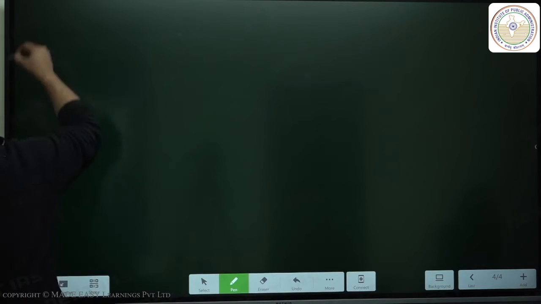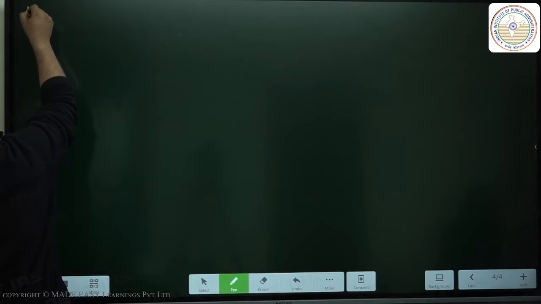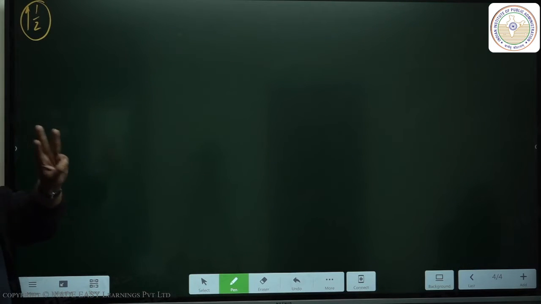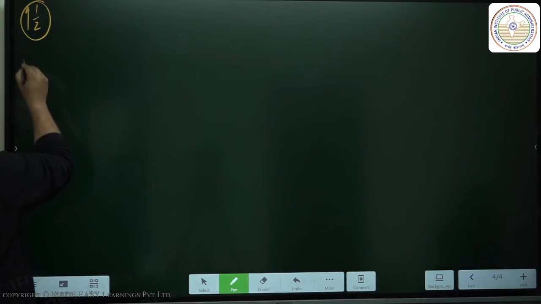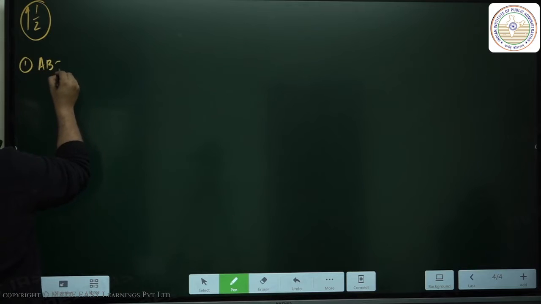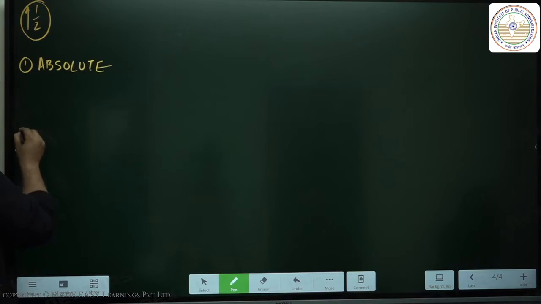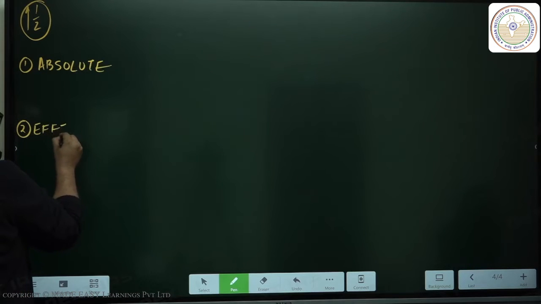So let us look at all the majorities which use more than half as their figure. We've got basically three kinds of such majorities. The first majority is called an absolute majority. The second is called effective majority.